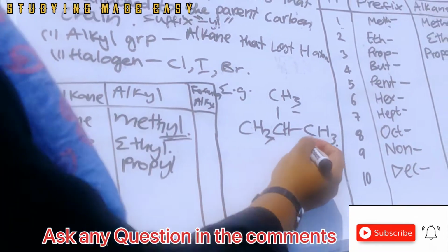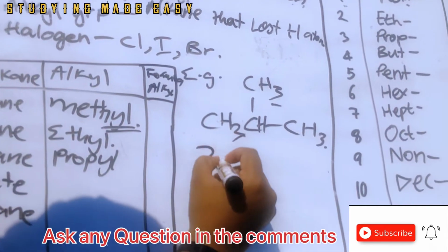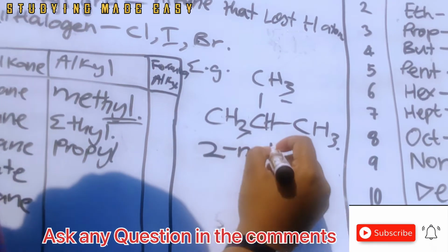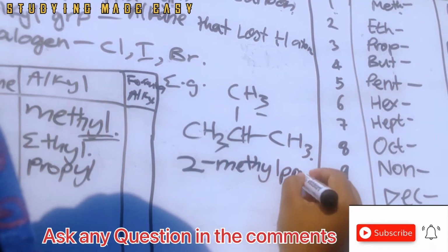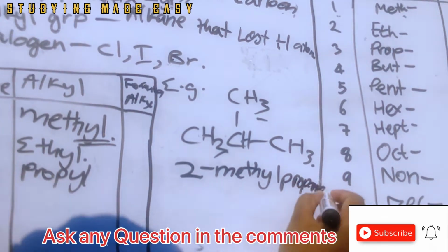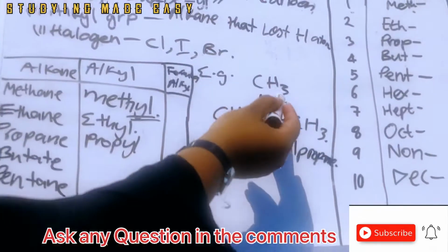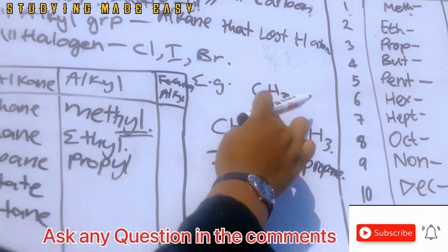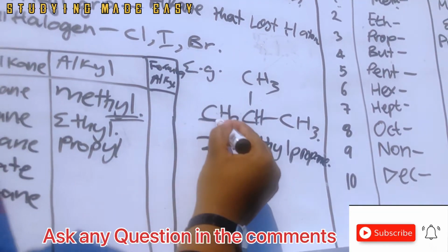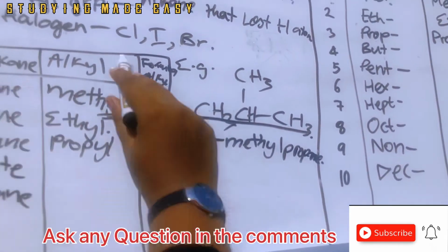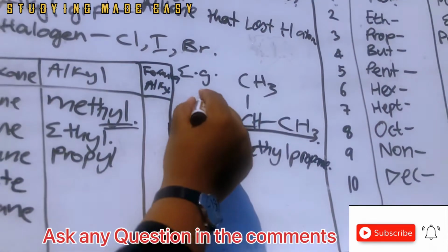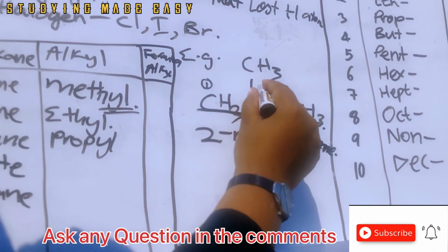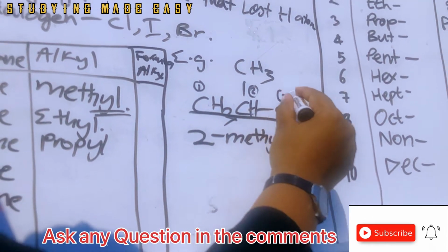Okay, so I have an example here of a branched alkane. Alright, so this one is known as 2-methylpropane. Right? Why? Because the substituent group is joined. This is the parent chain, alright, because it's the longest straight chain. This is the first carbon, this is the second carbon, and this is the third carbon.